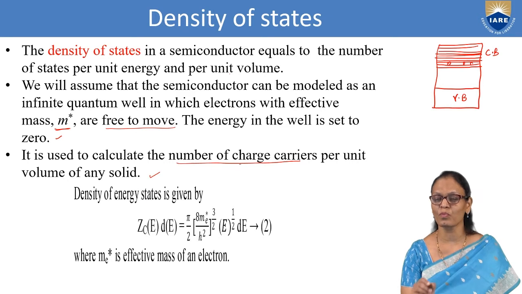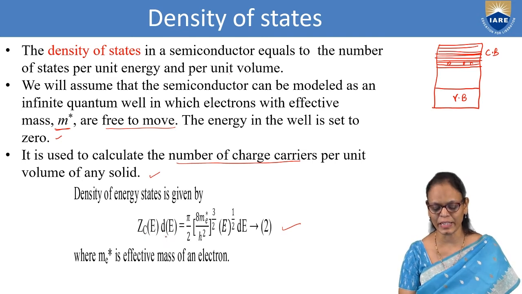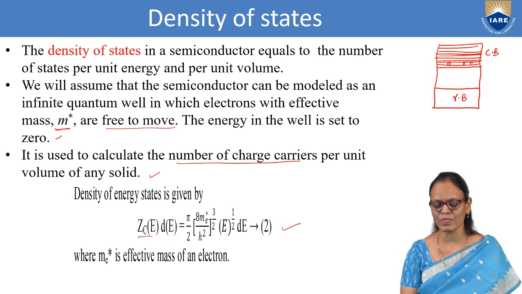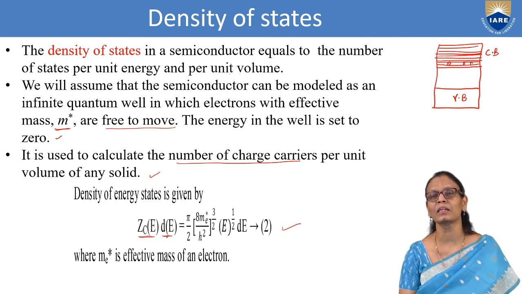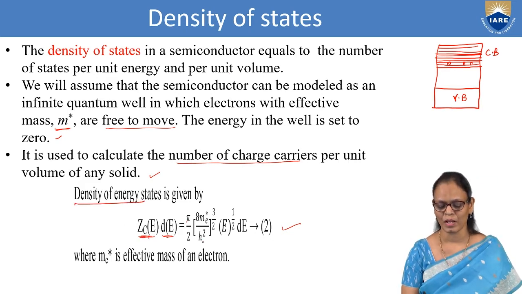Now the expression we are going to use is Zc(E) dE, the number of states in this energy range, given by pi by 2 times (8 m e star by h square) to the power 3 by 2 times E power half dE. Here Zc(E) denotes the density of energy states.